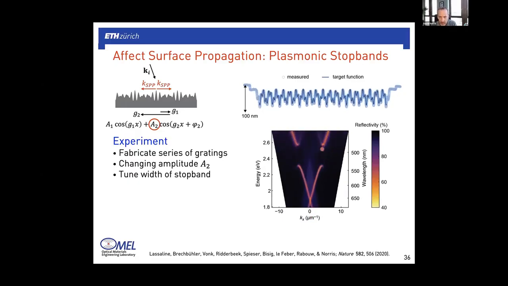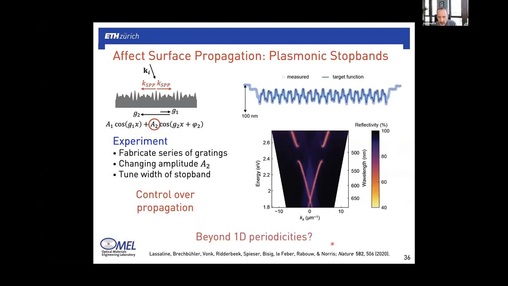And as this A2 component turns on, you get this stop band that opens up, basically due to this diffraction back and forth, or left to right and right to left. This is a simple example to show that wave propagation in the surface can also be controlled by controlling the Fourier spectrum.